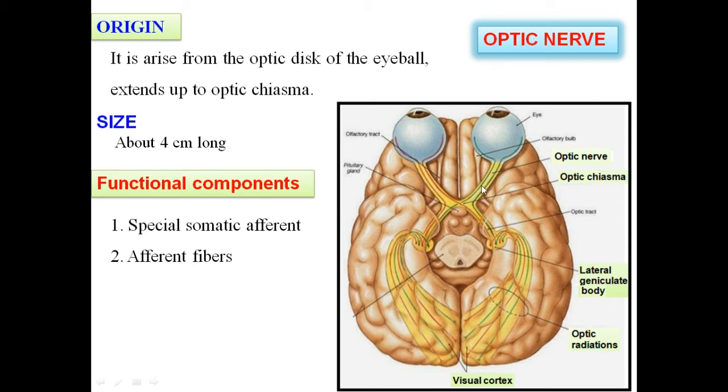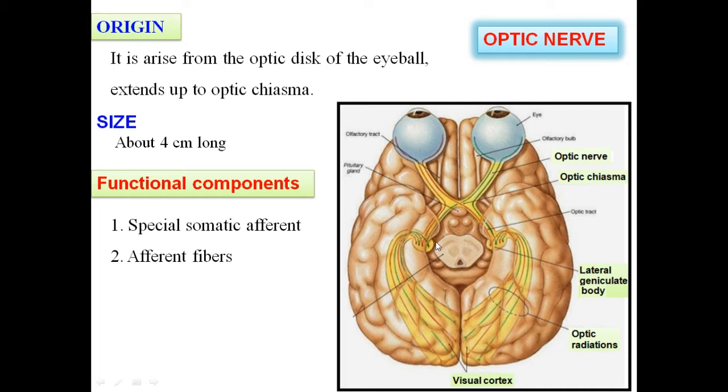The length of the optic nerve is about 4 cm. It consists of two functional components. One is the special somatic afferent for vision from the retina to the visual cortex, and afferent fibers for the pupillary light reflex.